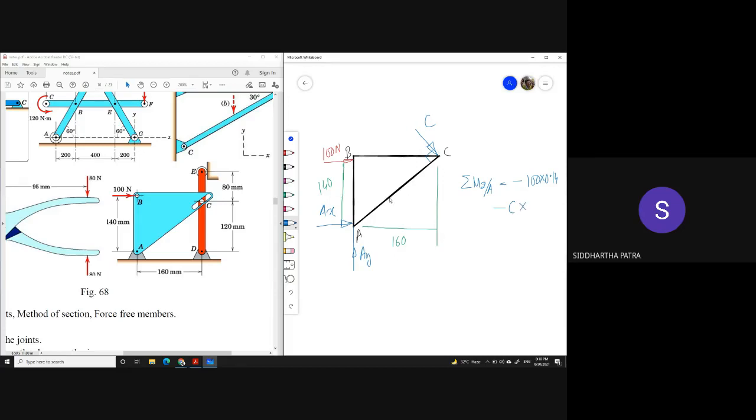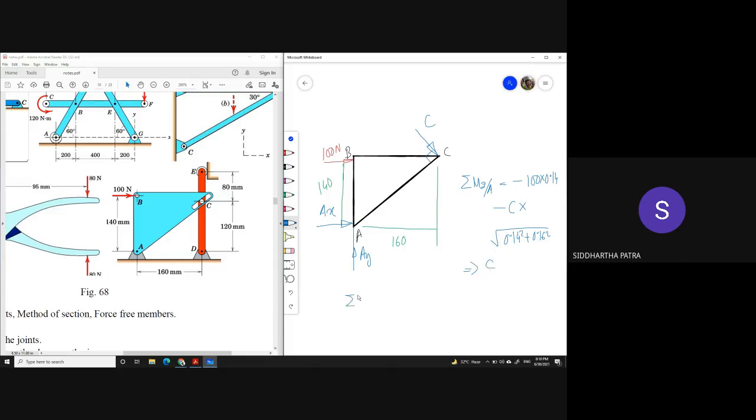So C is the force acting perpendicular to AC. So the normal distance on the force is AC, right? Now, how much is AC?